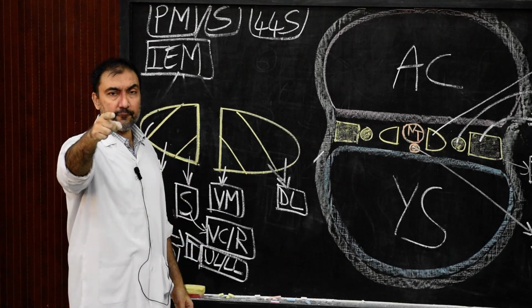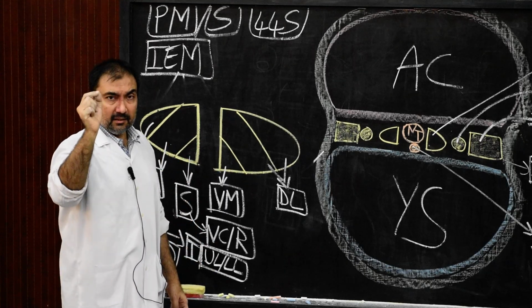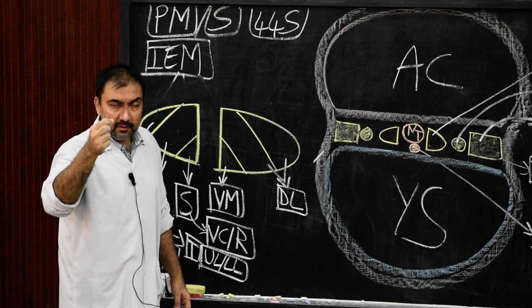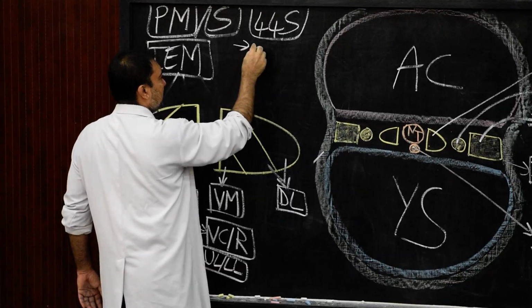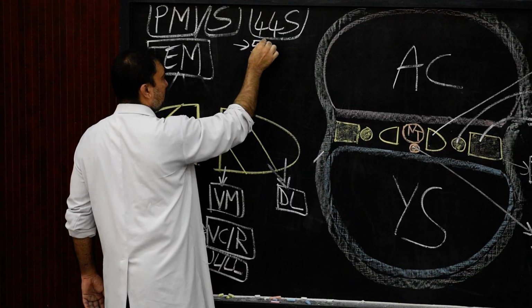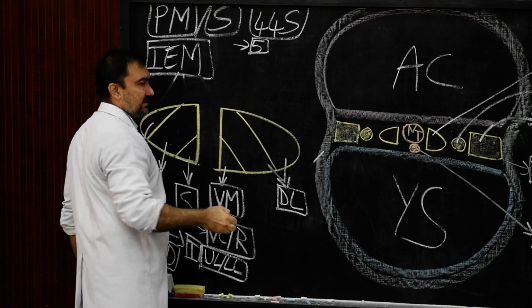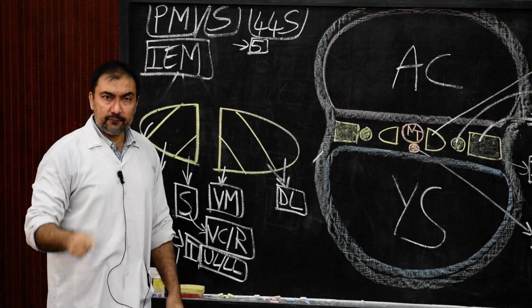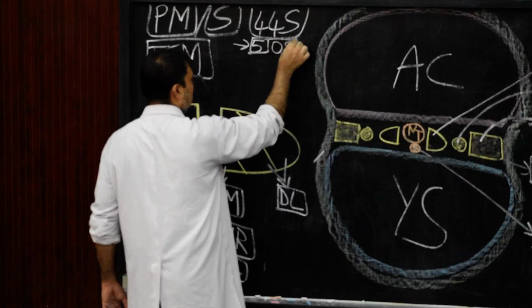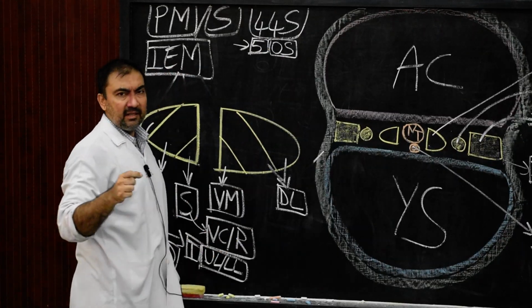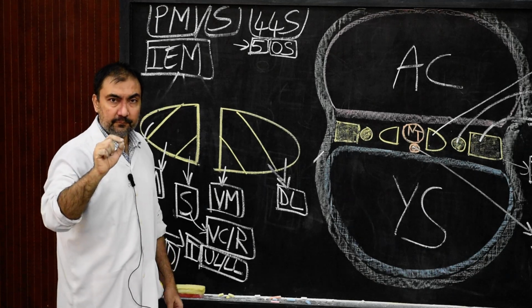So out of the total 44 pairs of somites, you have to remember these numbers. We start from above: there will be 4 to 5 occipital somites. Please mention this as occipital somites. What will be the number? Around 4 or 5.